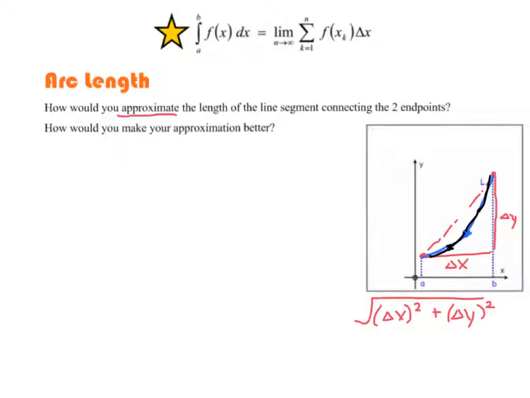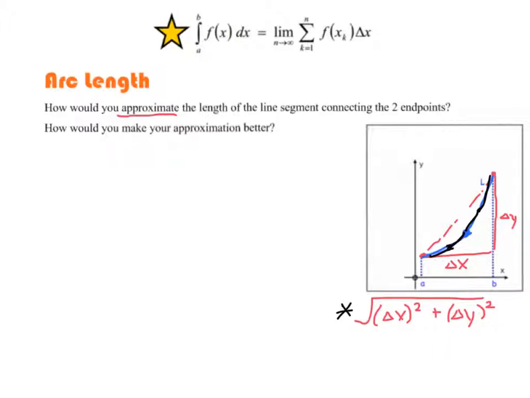Now, what I could really do is a sum of all of these little segments. I'm going to leave that idea aside for a minute, but I want you to keep thinking about it. It's still Pythagorean theorem with a delta x and a delta y, but now it's a sum of a bunch of little Pythagorean theorems.